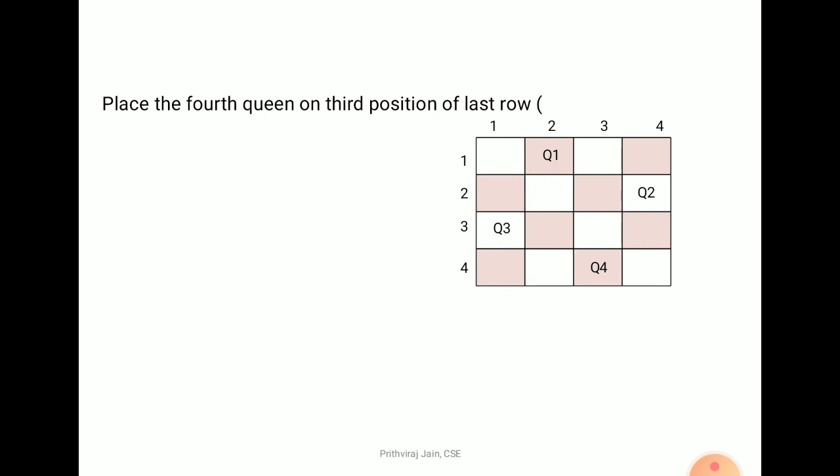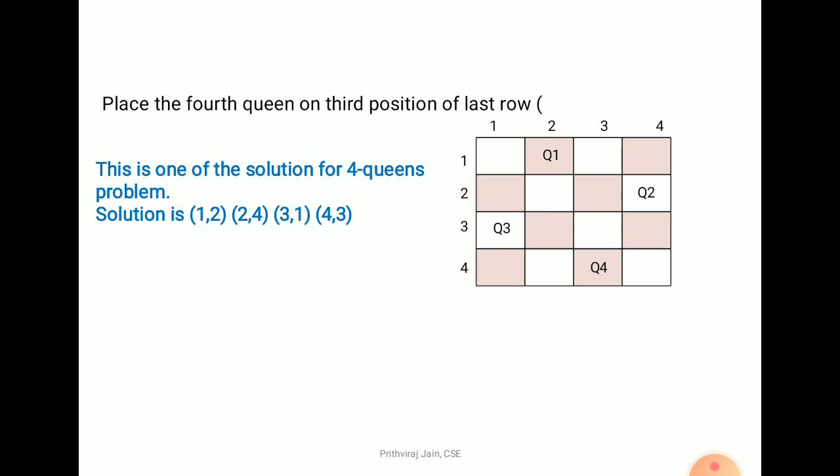So that's it. Here all the queens have been placed on a chessboard in safe positions. So this is the solution for the 4 queens problem. The solution is 1, 2, 2, 4, 3, 1 and 4, 3. Or we can say the solution is 2, 4, 1, 3. So these are the position numbers.